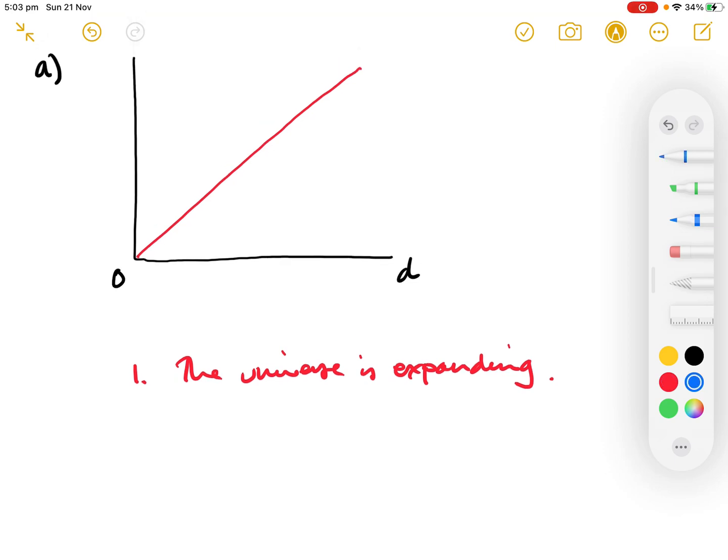The galaxies are moving apart, no matter which direction you look in. So be careful not to say the galaxies are expanding. The galaxy's size is essentially remaining more or less constant, but it's the universe itself that is expanding.